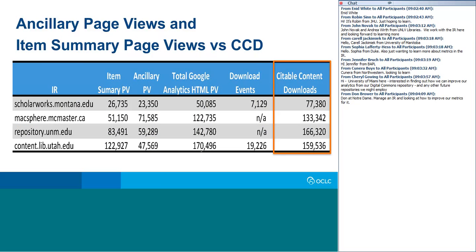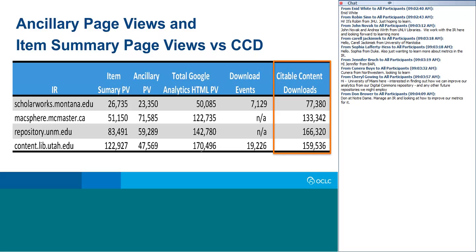This is everything that Google Analytics missed from that period. So these are the high-value downloads that we were able to track. Now you notice there's one more column to the left called download events. Google Analytics does have the capability to count downloads from within the repository if download events have been turned on in Google Analytics.